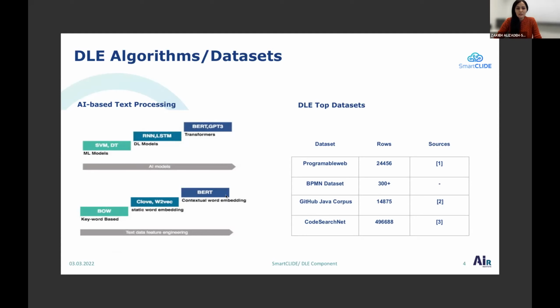Afterward, in recent years, contextual word embedding came. Before, we just used static word embedding for feature engineering. But the good thing here is that BERT and models like GPT-3 have decoder and encoder features, and you can use them for feature engineering and also for fine-tuning the model.